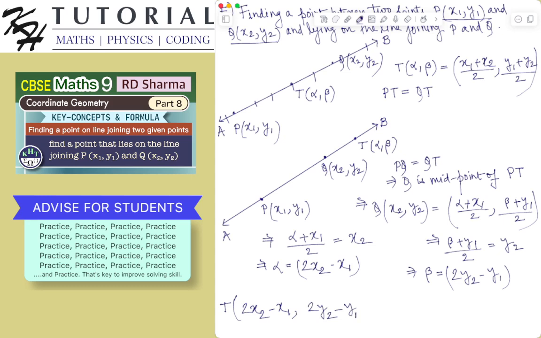So this way you can find the coordinates of the point T, which will lie on the line joining the two given points P and Q, but outside.